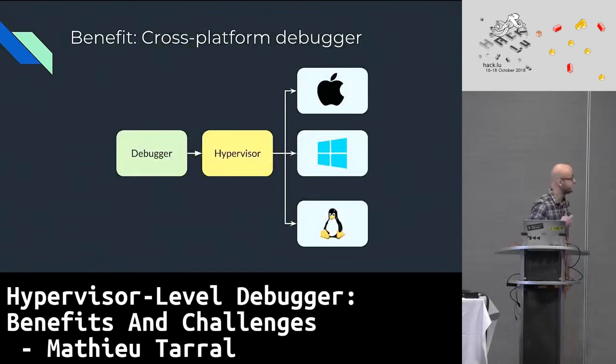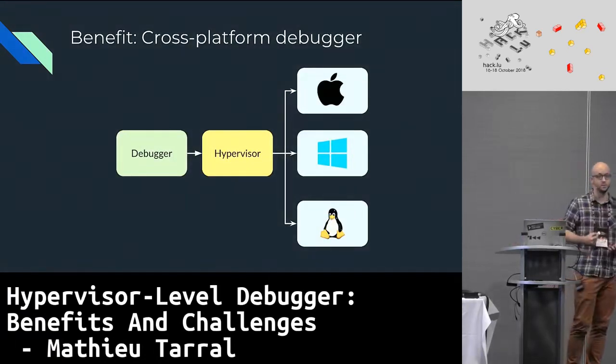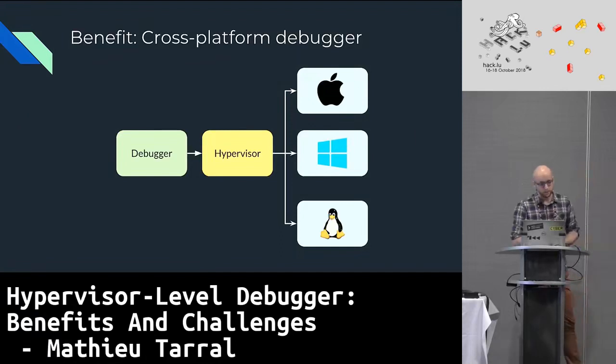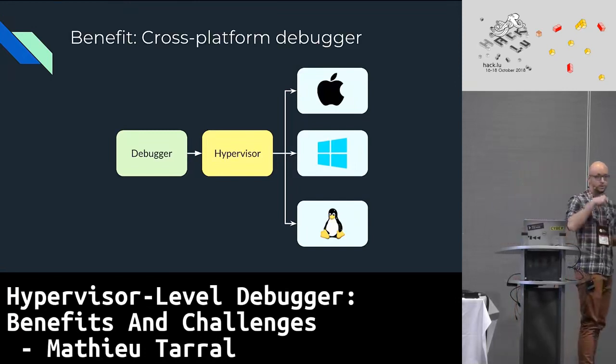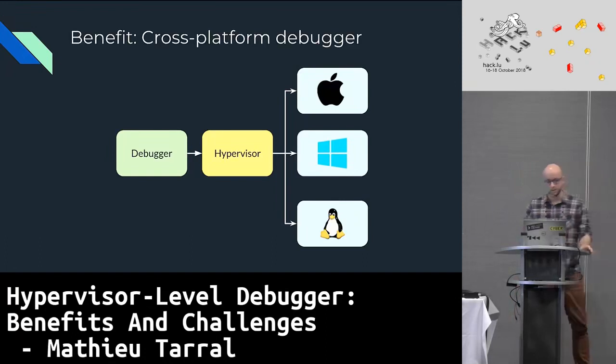And the last benefit I can think of is that we can aim for a cross-platform debugging infrastructure, where my hypervisor is able to debug the kernel of Windows, Linux, and macOS with the same tool. Think about it. We can have an OS-agnostic debugger on top of which you are building your knowledge and your scripts. So it's quite convenient.